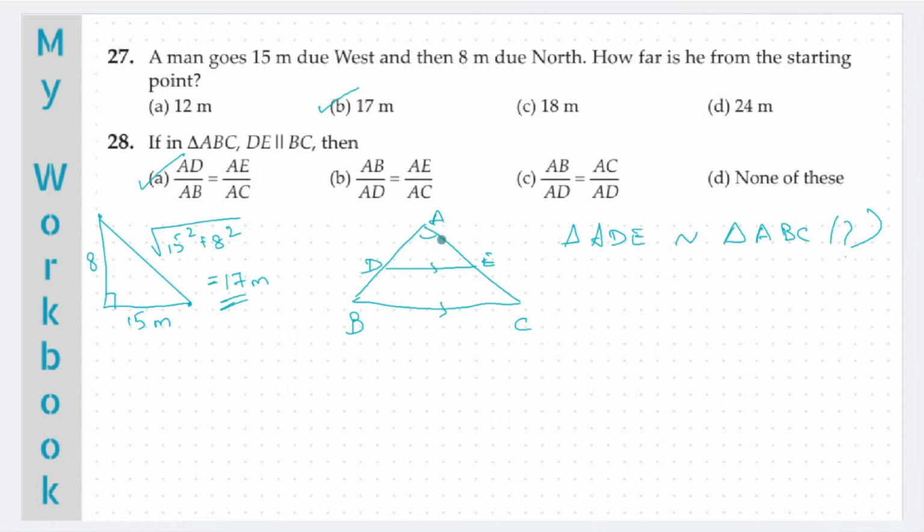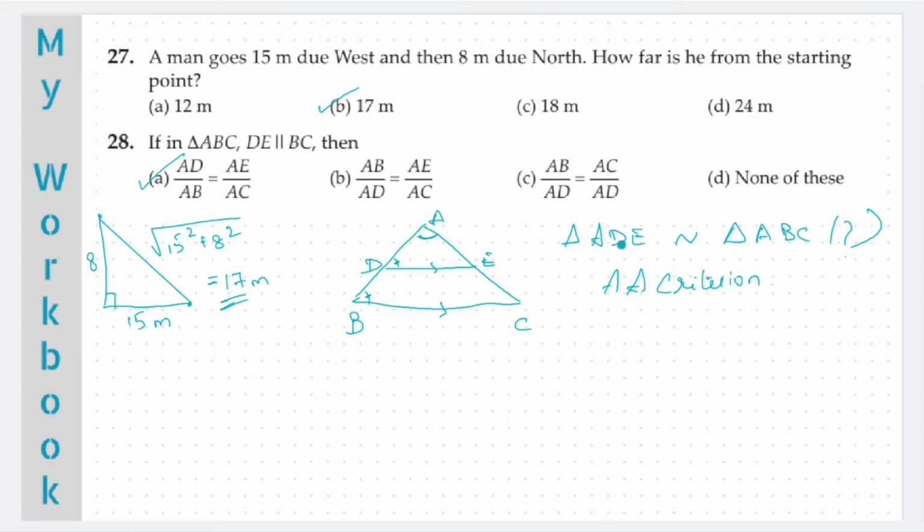A is a common angle in both the triangles. Since these two lines are parallel, angle ADE will be equal to ABC. So you have two corresponding angles to be equal in these two triangles. So by AA, that is angle criterion, we can prove the similarity.